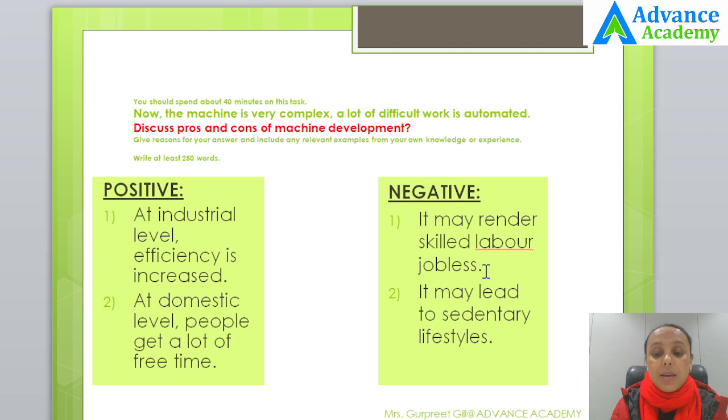And for the second idea, you may say that at the personal level, it may lead to sedentary lifestyles. Because if in a house, most of the work is done by machines, for example, laundry is being done by the washing machines, the dishes are done by the dishwasher, the cooking mostly is done by the food processor, then of course the homemaker, for example, a mother or anybody who is responsible for the household chores, would be really free.